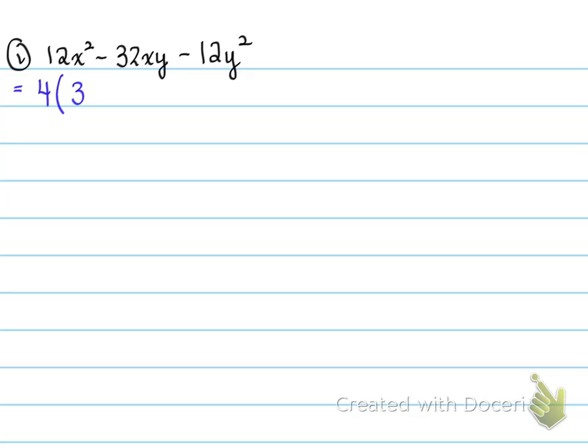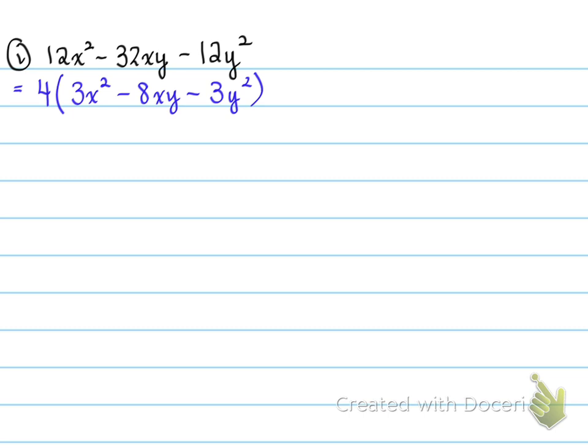So 4 can be pulled out of 12 and remains 3x squared. 32 divided by 4 leaves us negative xy. And negative 12 can be divided by 4 and you get negative 3y squared. So you must divide each one of these pieces by 4 to pull the 4 out just like this. And this is the remainder.